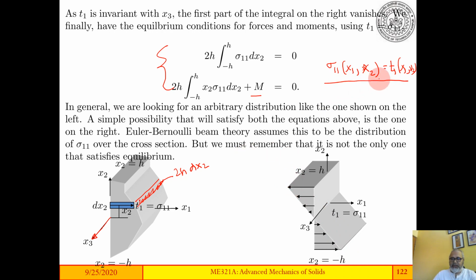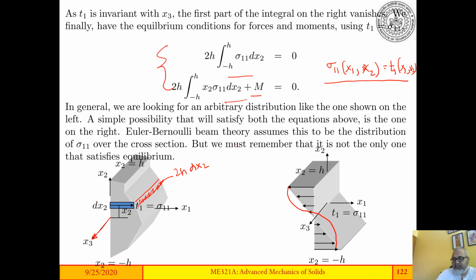The distribution of T1, or sigma 11, varies linearly with x2, and it is 0 at the neutral axis, which means that this equation as well as this equation is obviously satisfied for this distribution. Now, if this distribution was like this, then too this would be satisfied, but the linear one is the simplest distribution that sigma 11 can satisfy in order as not to violate equilibrium.